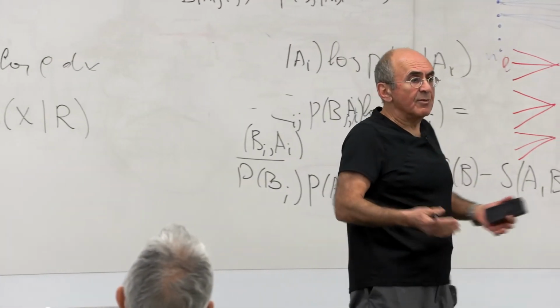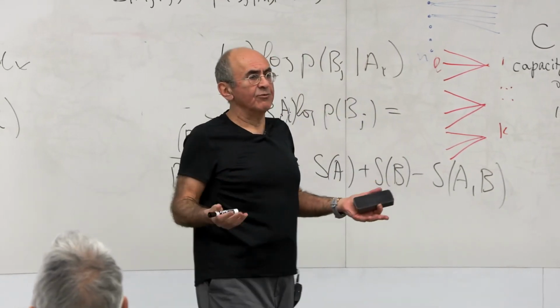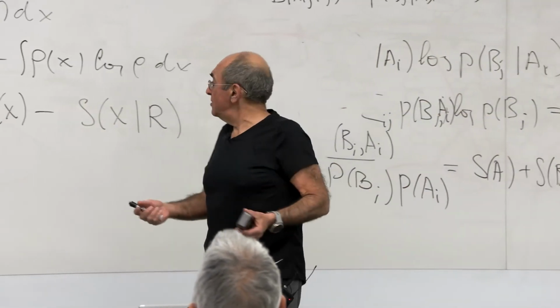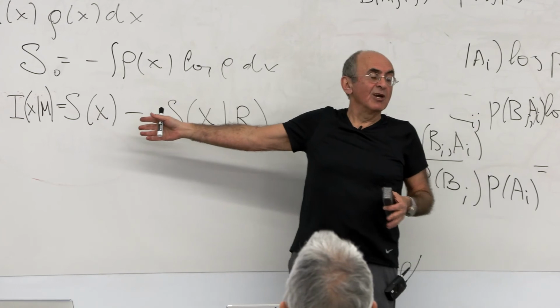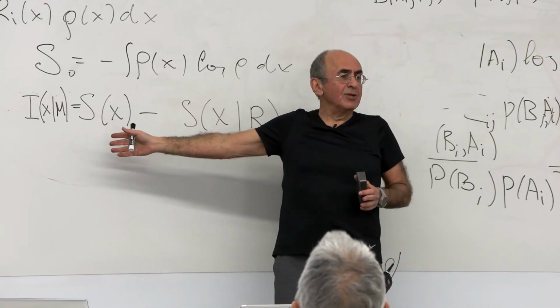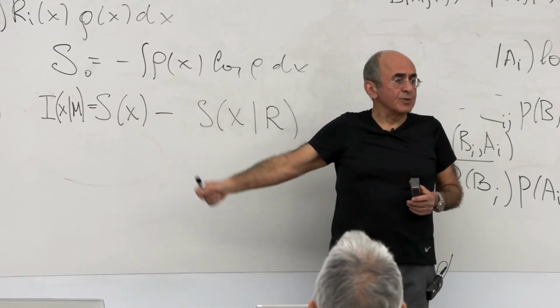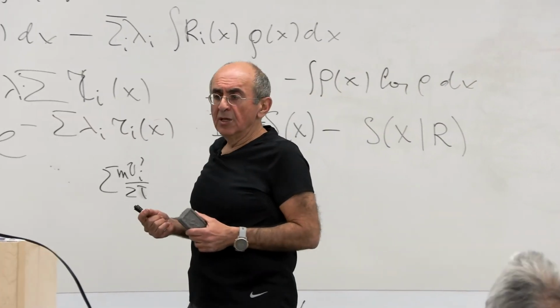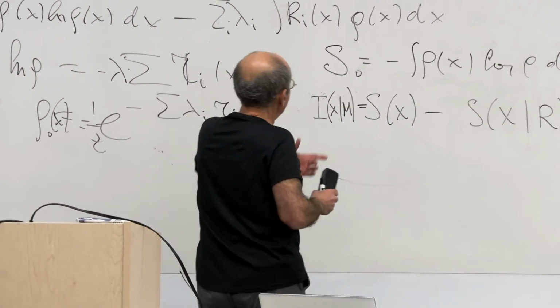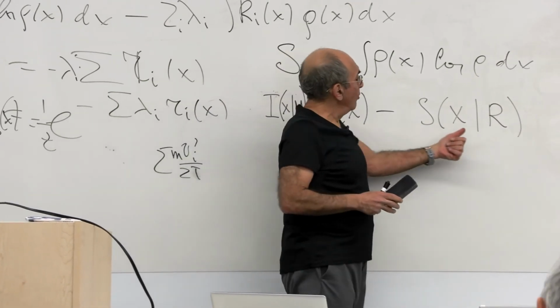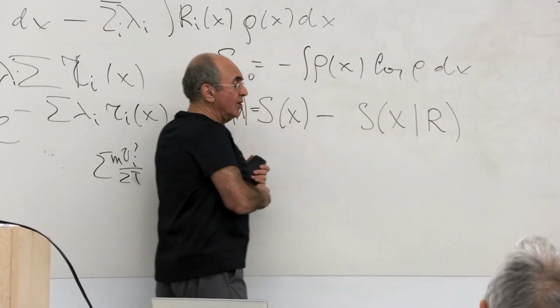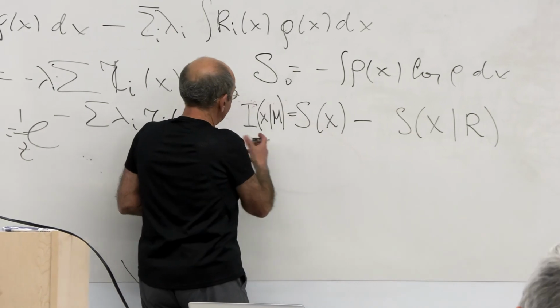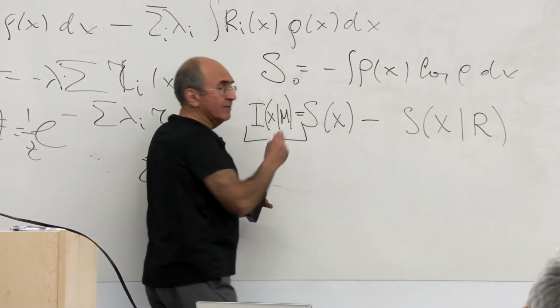I'm burning cesium, I'm asking how much work I can get out of it, and then I discovered that there is this quantity which we now use every second minute that determines the efficiency. So, for example, I may ask, do I need work to make this change of entropy to acquire this information?